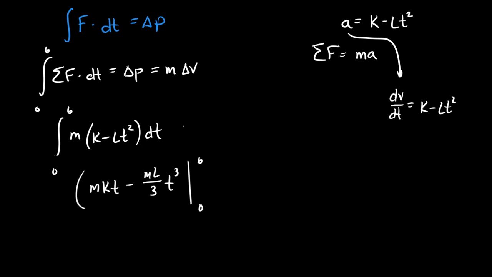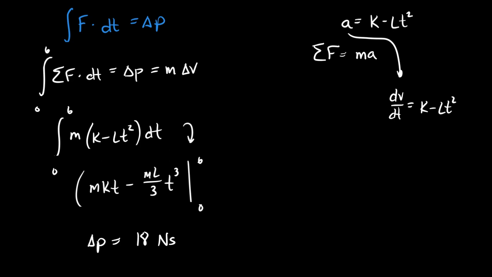Does anybody need me to do the calculus here? Okay. They gave us an expression to use, they gave us values to use for m, k, and L. So you plug in those values at 6 and plug in those values at 0 and subtract them, and I believe you get 18 Newton seconds for the impulse. So this is the change in momentum, or the impulse.